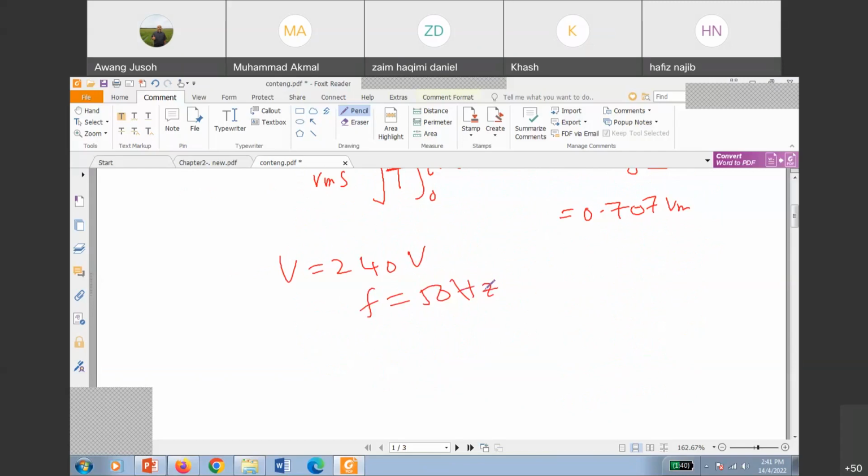What is the meaning of that? When you buy a TV or an LED or any device, you normally see the spec there. They put 240 volt, frequency 50 hertz. That means you can only supply this voltage, not more than that, and the frequency must be this one. This is rated for the voltage, and the rest is rated for the frequency.